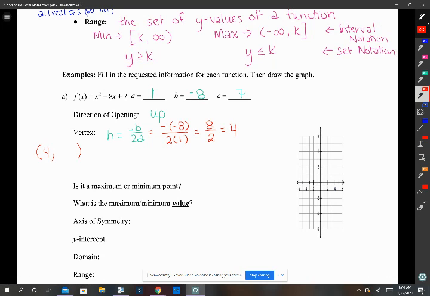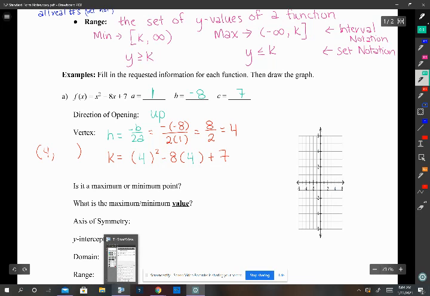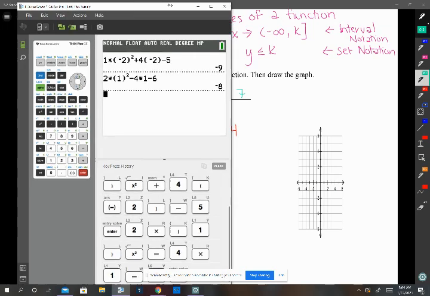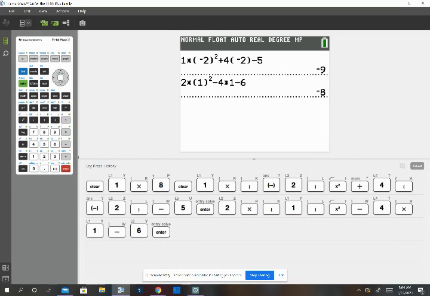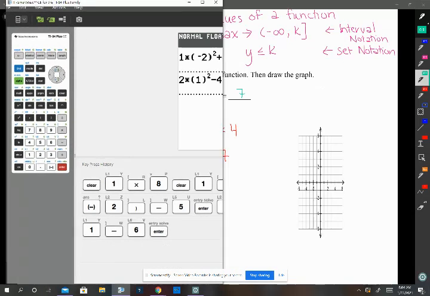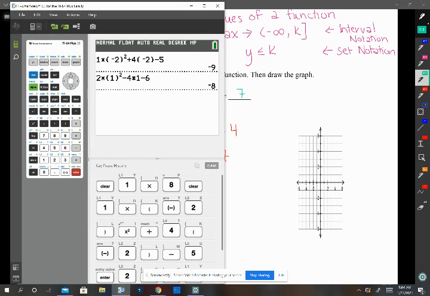The way I find the something is I'm going to look in my equation. So for my k value, everywhere there's an x, I'm going to put in the 4 value. You'll notice that in the parentheses is where my x's are. So I'm going to put in 4 into those spaces, and I can put that in my calculator.